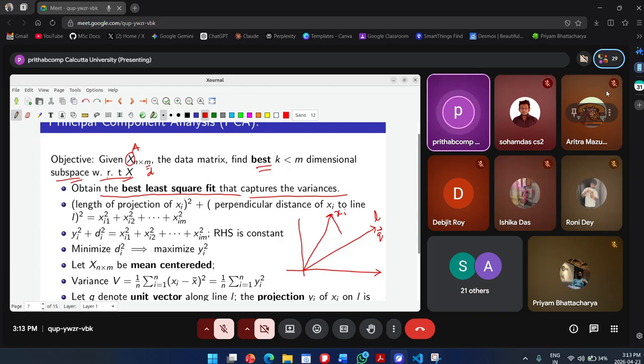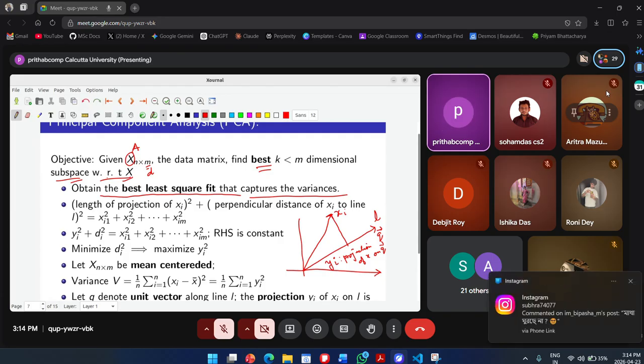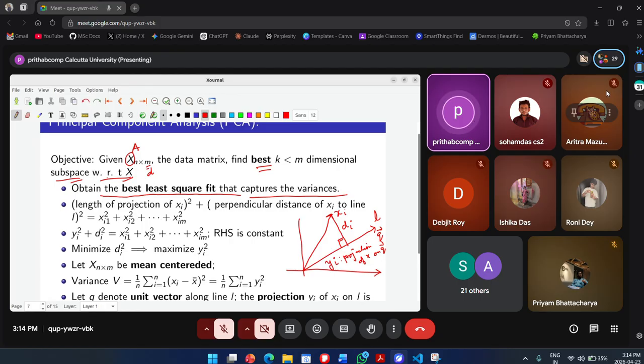This is your projection over here, which I'm calling yi, the projection of x on q. And this is the distance di, the perpendicular distance of xi to the line L.